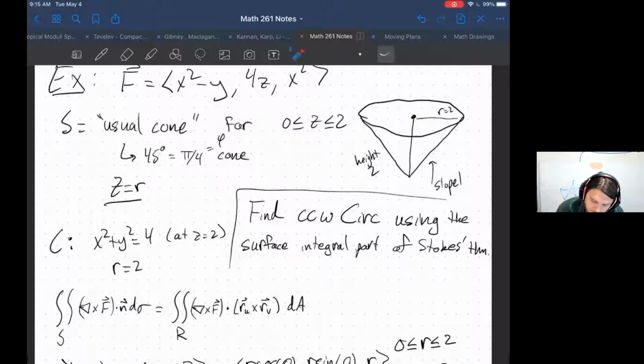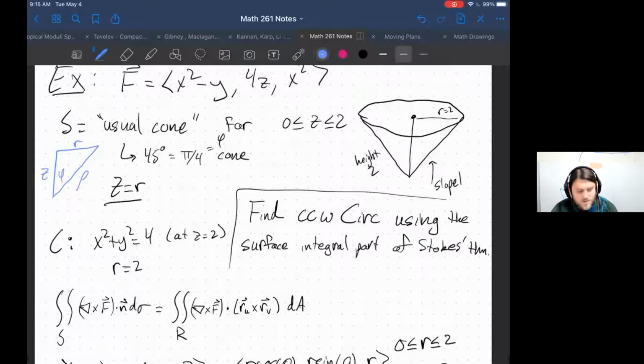But if it's not given to you, if it's given to you in an x squared plus y squared kind of manner, you can figure out the angle of this, and you can use this triangle to figure out that z is equal to r at all these places.